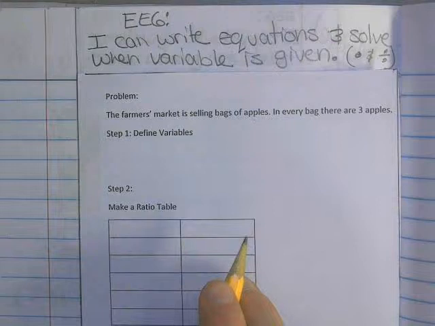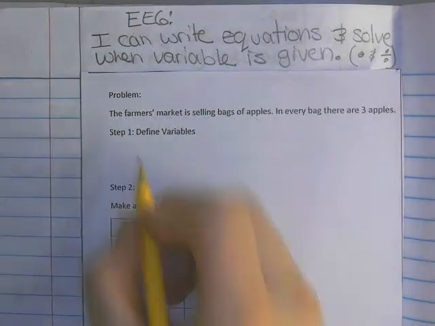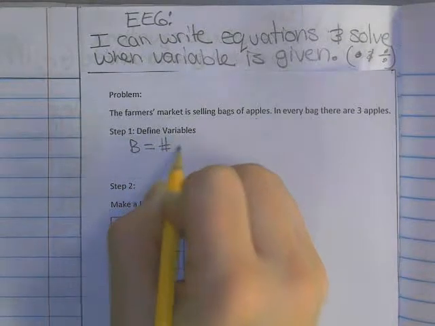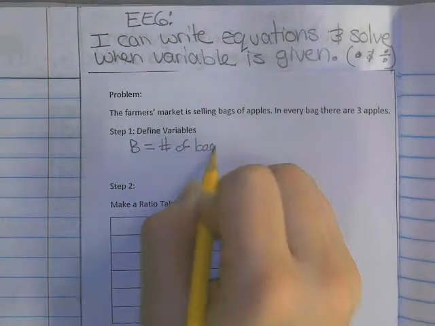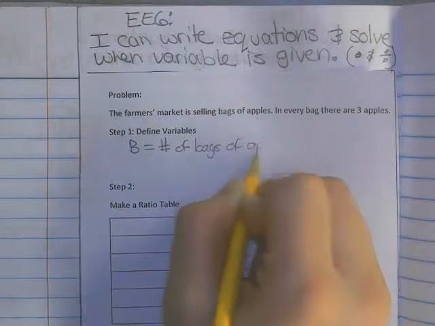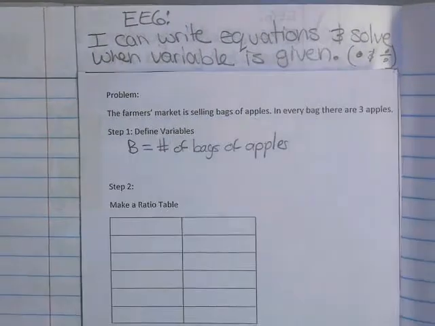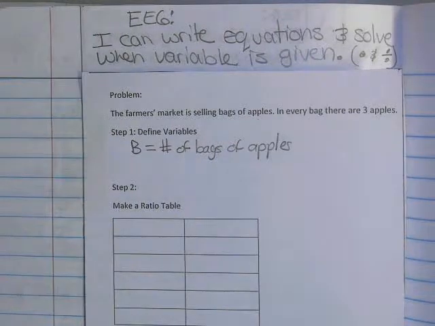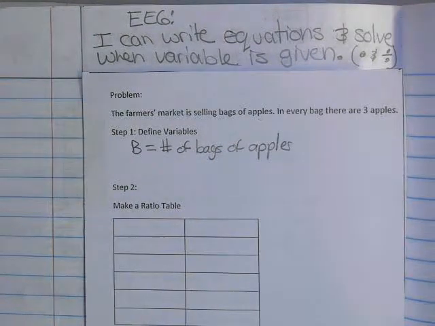Okay, so we need to come up with some variables. Obviously one there is probably B, and that's going to equal number of bags of apples. Now, there's going to probably be another variable. Do we know what that other variable is?